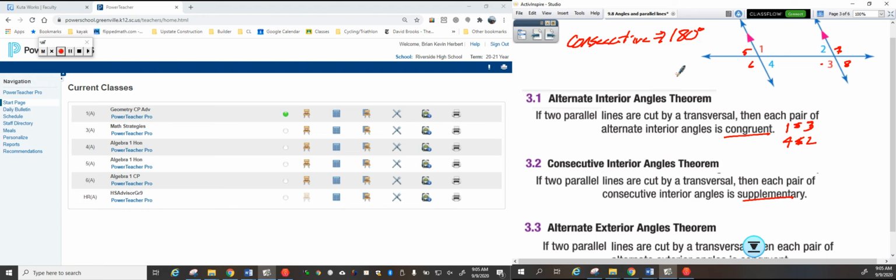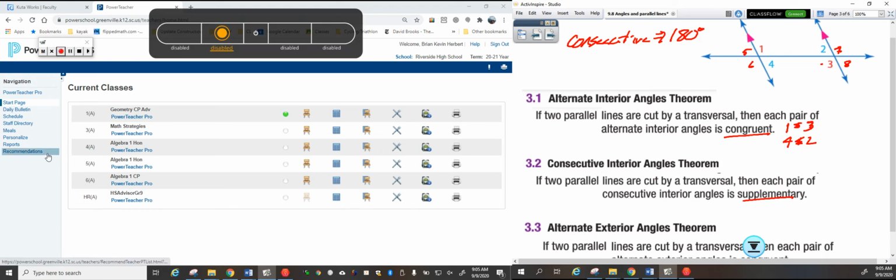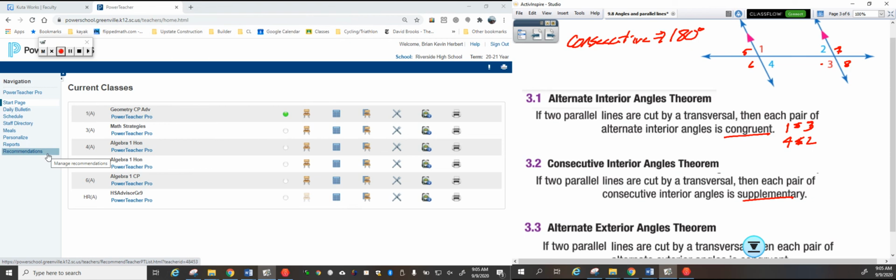So if I say vertical angles, what are they? Congruent. If they are corresponding, what are they? Congruent. If they're alternate interior, congruent. If they're consecutive interior, supplementary. If I say the word consecutive with that angle relationship, they are supplementary. Otherwise, they are congruent.